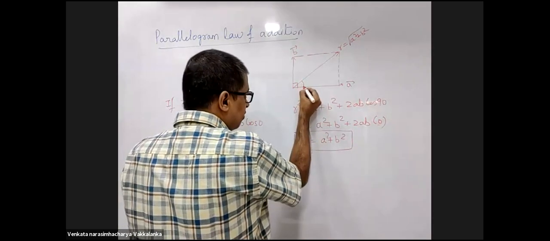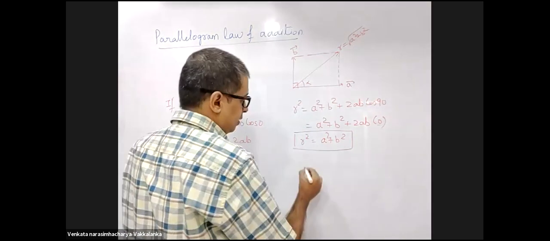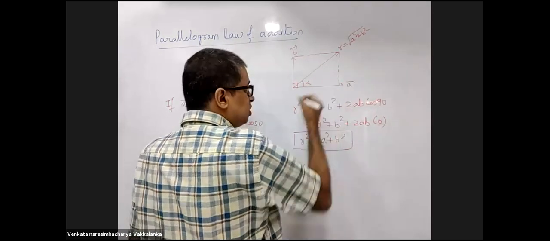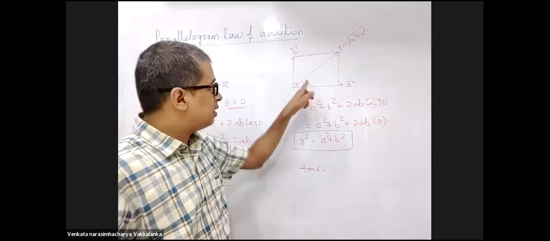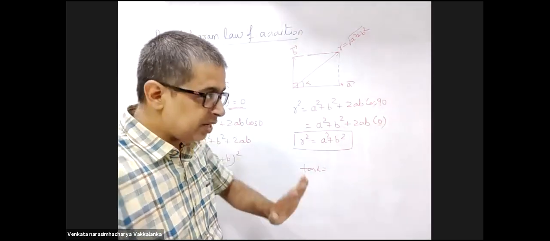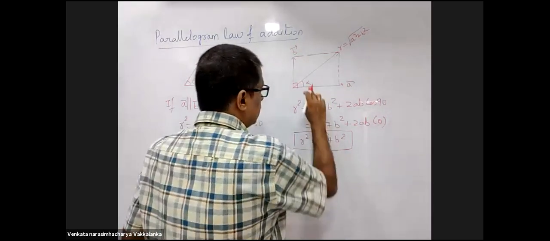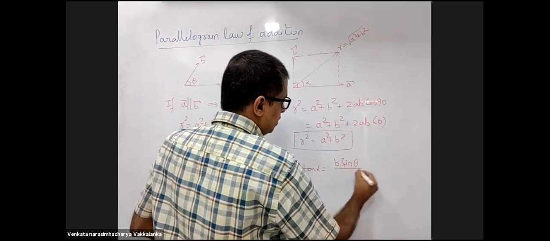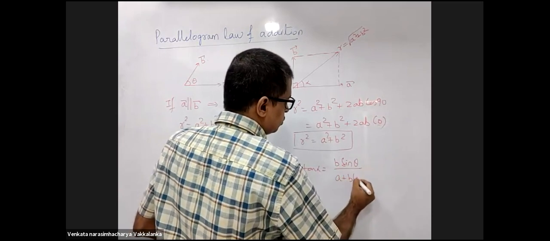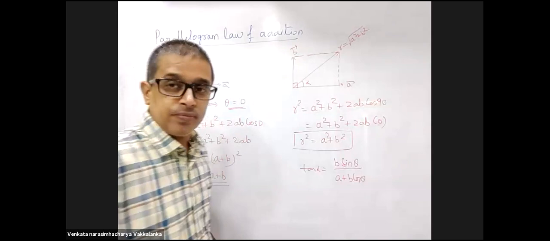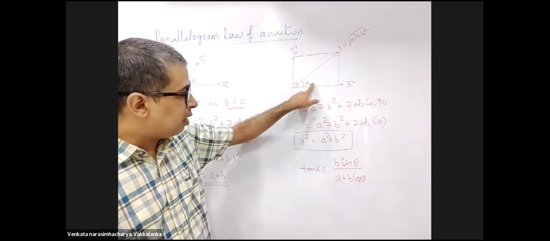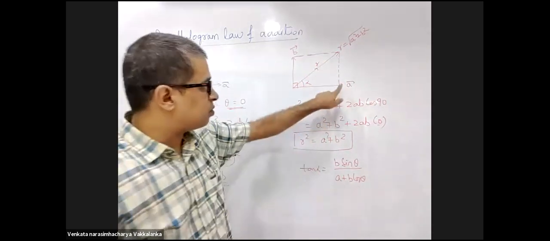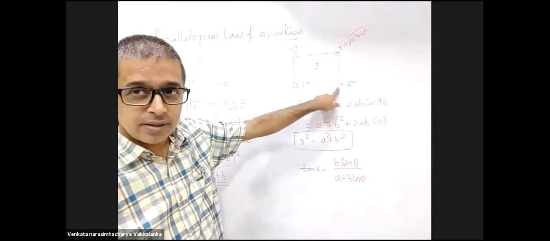Now just for your information, alpha: tan alpha, actually I can see it is B by A. But yet let me apply the formula. Tan alpha will be B sin theta by A plus B cos theta, where alpha is the angle the resultant makes with the first vector.